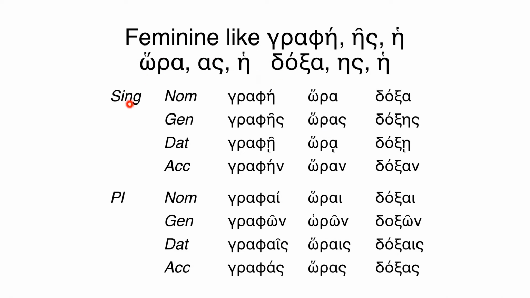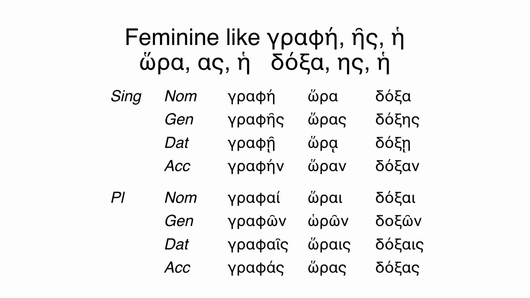For the feminine singular dative, we have hora, alpha with the iota subscript, not eta with the iota subscript. Then feminine singular accusative is horan, alpha, nu, instead of eta, nu. Now the nice thing is the plural endings are all the same: ai, on, ais, as. Same for grafe, hora, and doxa.